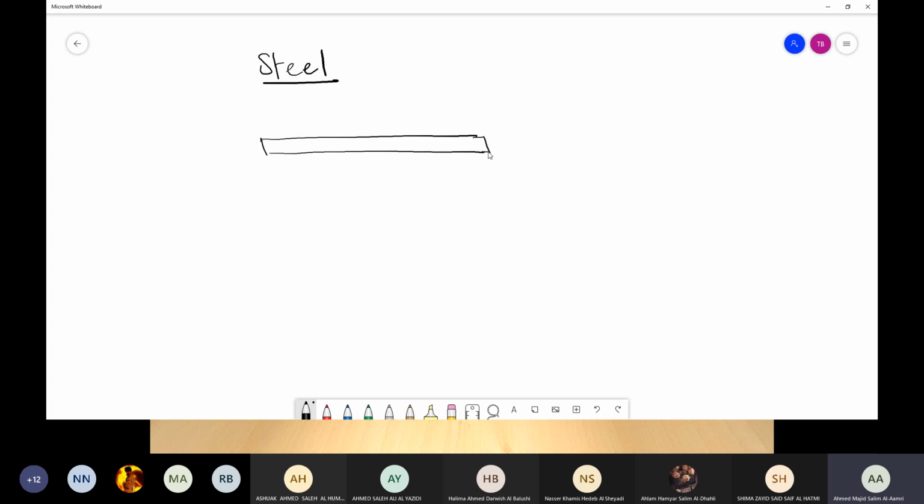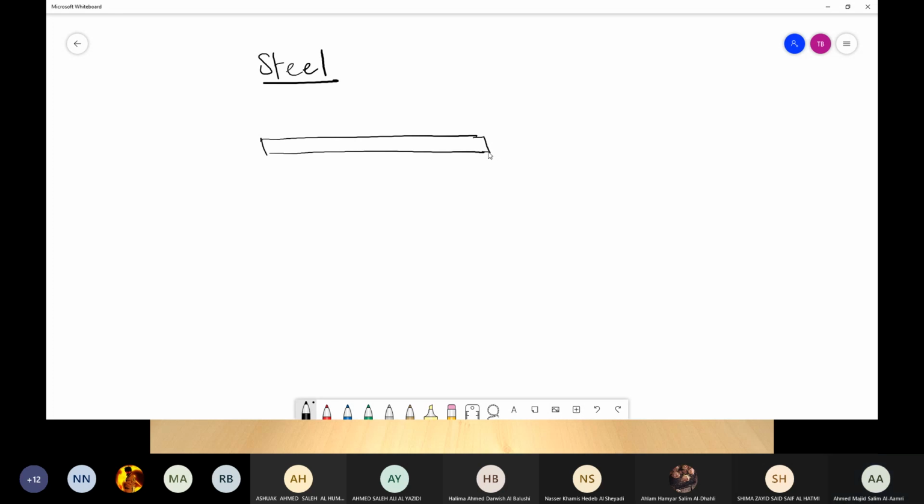A single steel bar acts as a single member. Once again, concrete acts like particles glued together with gaps between them, while a steel bar acts like a single member without gaps inside.